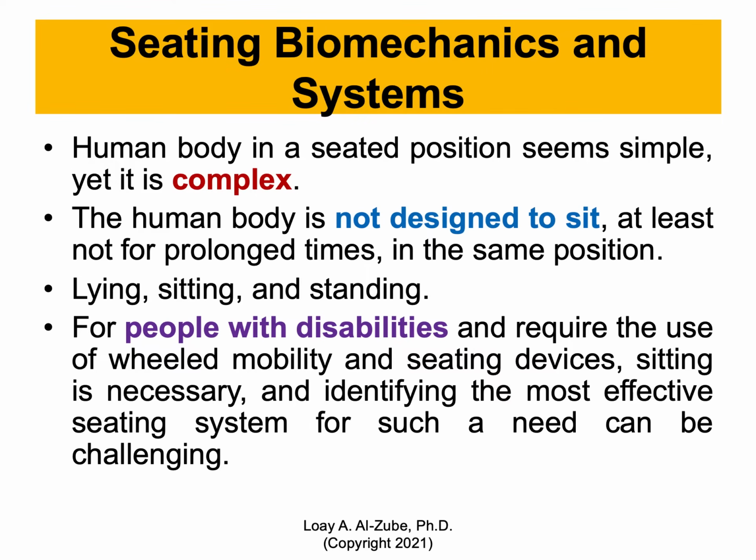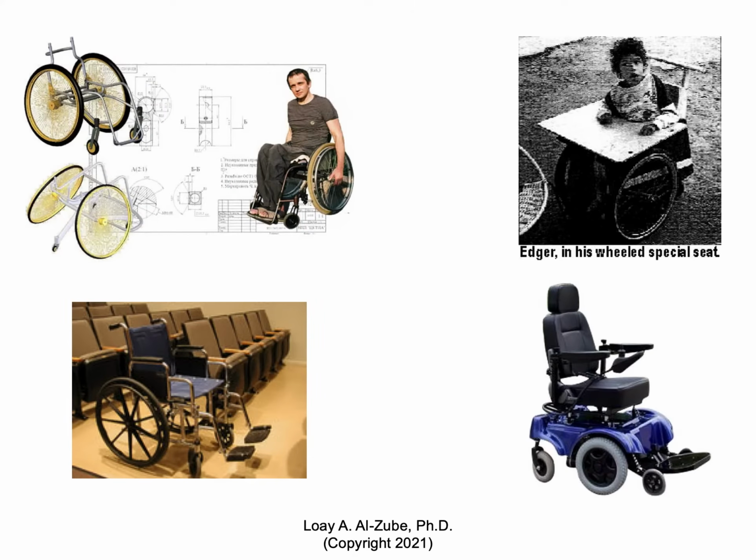In this video I'm going to lay down what the challenges are and what we need to work on, as biomedical engineers as well as rehabilitation engineers, to overcome such challenges. So in general, a seating system will look something similar to these images that you're seeing on the screen. This is the basic model.